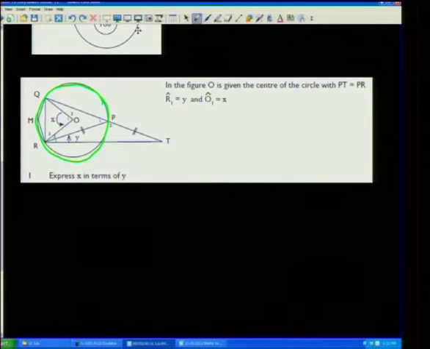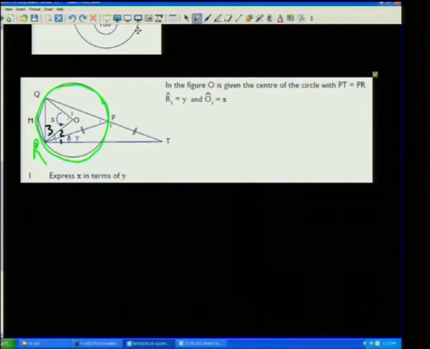And on top of that, you've been given that point R is this one here. And you've got a small angle there, which is 1, and you've got 2 and 3. Just writing them bigger. All right, so they are telling you that R1 is equal to Y, and O1, which is the central angle, is given as Y.